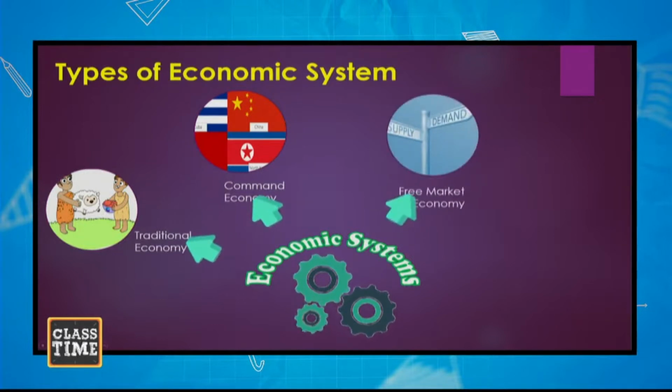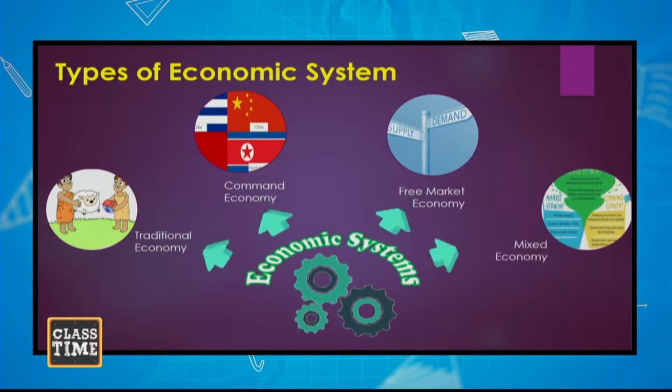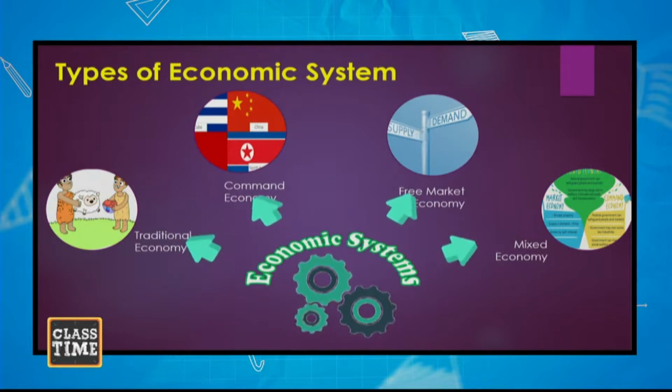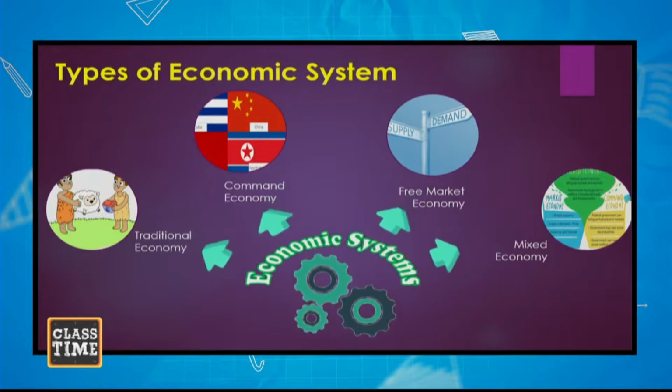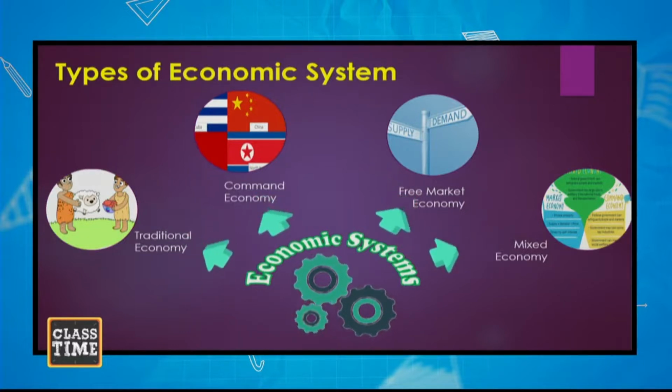From there, we will move over to our free market economy. And then we'll establish the concept of the mixed economy, and we're going to be looking at not just the meaning of these systems, but we'll also explore what are the identifying features. If we hear the description of an economic system, can we identify that, oh, this is a command economy, this is a free market economy, it's a mixed, or it's considered a traditional economy.